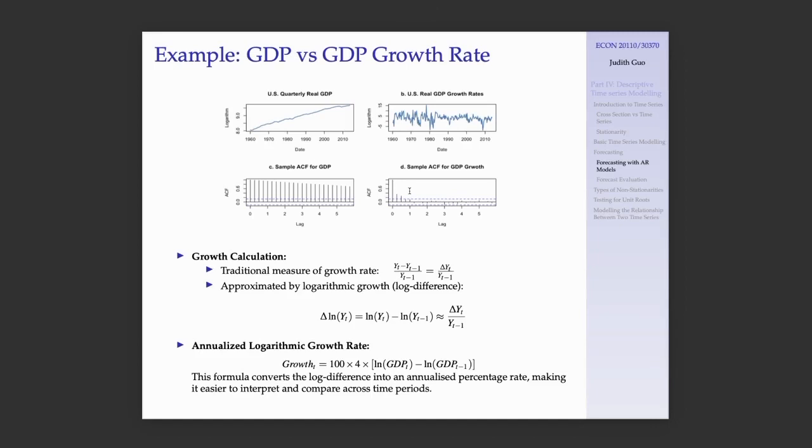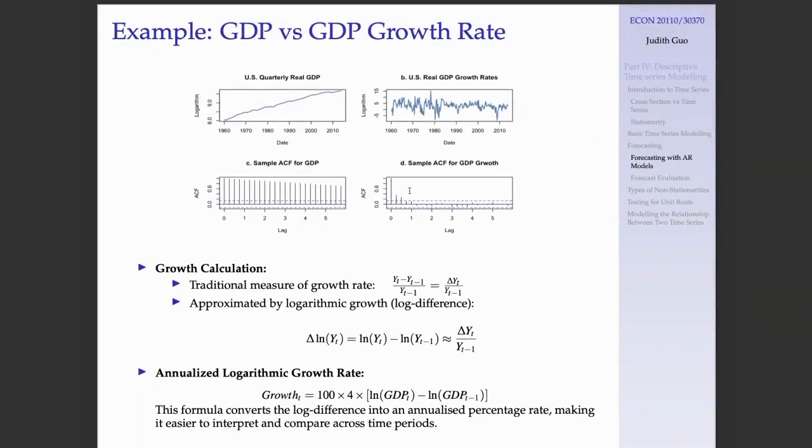Now, bringing it to the case study that we're familiar with, we've been talking about these two data sets a lot of times, the GDP and the growth rate. Essentially, the growth rate is the difference of GDP. I've shown you how that was calculated below. I'm not going to talk about it in the lecture, but if you're interested, you should know the GDP growth rate is the difference of GDP.